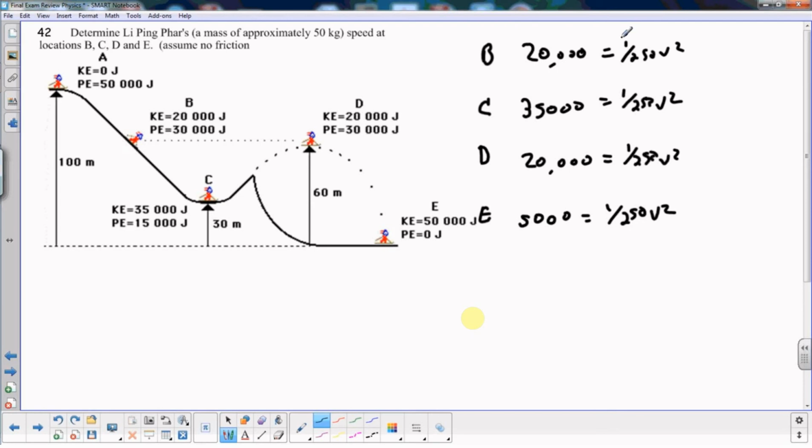So that one is going to be 28 meters per second. And actually, the other 20,000 is going to be the same, 28 meters per second. 35,000 times 2 divided by 50 equals that, square root of that, 37 meters per second.